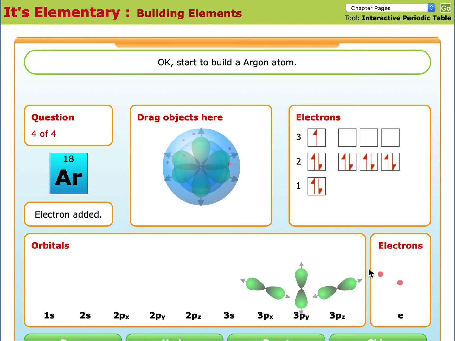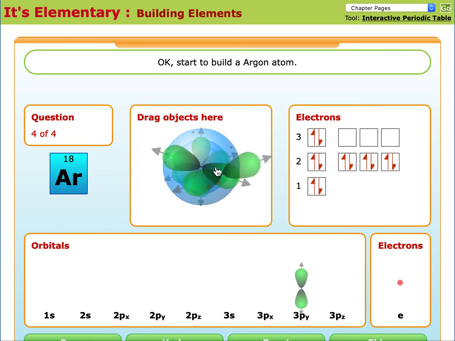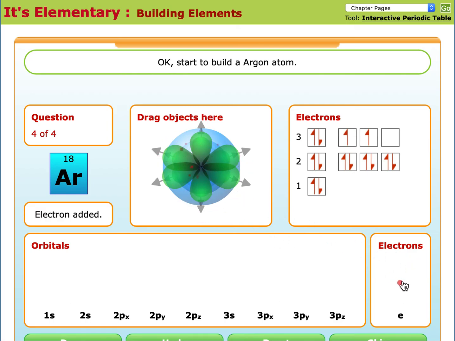It's going to get 2. And then I've got my 3 orientations for 3p. And I still need to follow Hund's rule. It's still going to be 1 on each. But I am going to have 6 here. It's a noble gas, so it's going to fill up this entire layer. 3p6. And we can see that it has its 8 valence electrons.